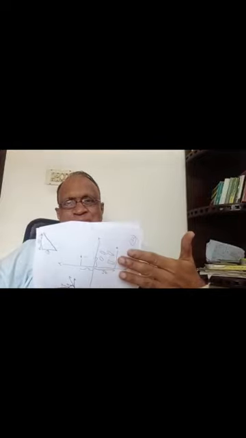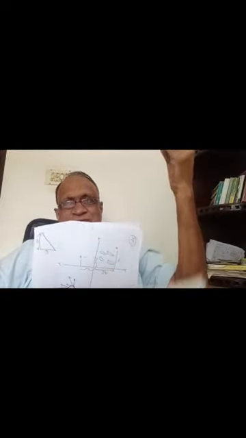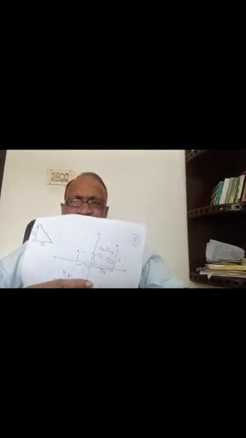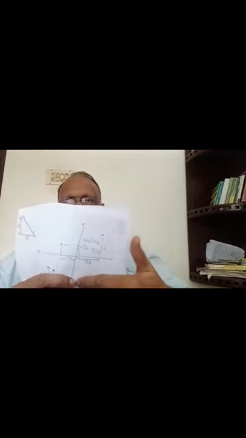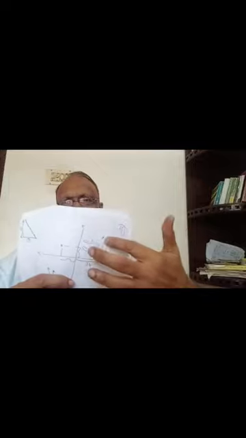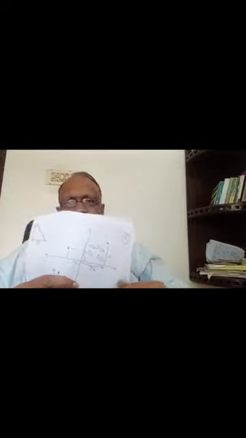So whatever things take place in this universe are first drawn on a paper. Before doing any construction work, we first draw it on a paper. So this universe itself is created as a plate, and this plate is this paper, and this plate is divided into 4 quadrants, 1, 2, 3, 4.